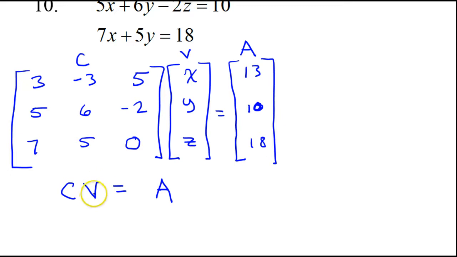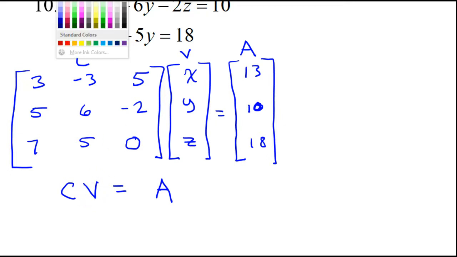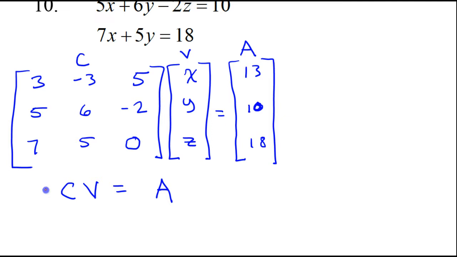Now we want to get matrix V by itself. So what you can do is multiply both sides by the inverse of C. On the left, I multiply by C inverse, and again I'm multiplying both sides by C inverse on the left, so I'll put it here and here. Matrix C times C inverse is the identity matrix.